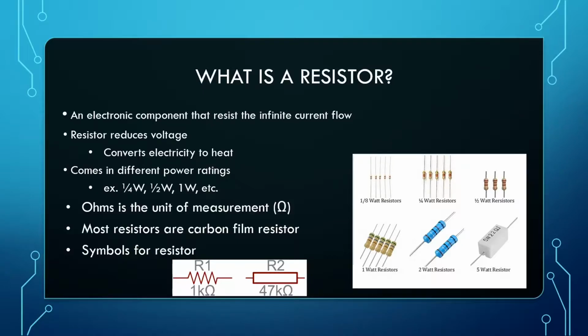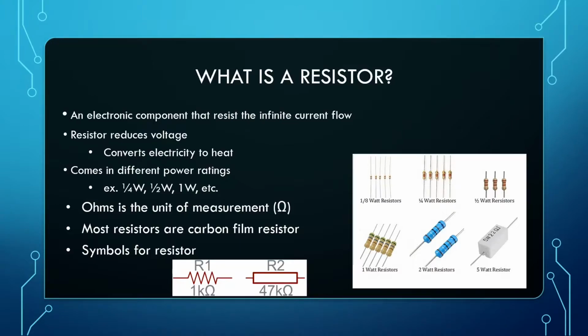Ohms is the unit of measurement. To measure resistance, you use ohms, and you use the omega sign to describe, let's say, 220 ohms. Instead of writing ohms, you put this omega sign. Most resistors are carbon film resistors. Basically, every resistor you use is a carbon film resistor.